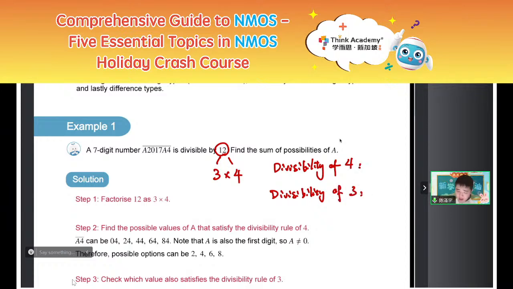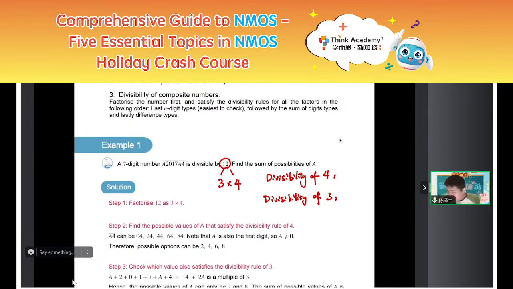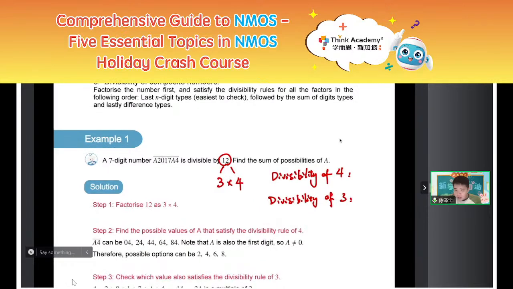Now, guys, which one should we check first? If you want to see the table, I'll definitely show you later. The divisibility of 4 or divisibility of 3, which one is easier for us to check?